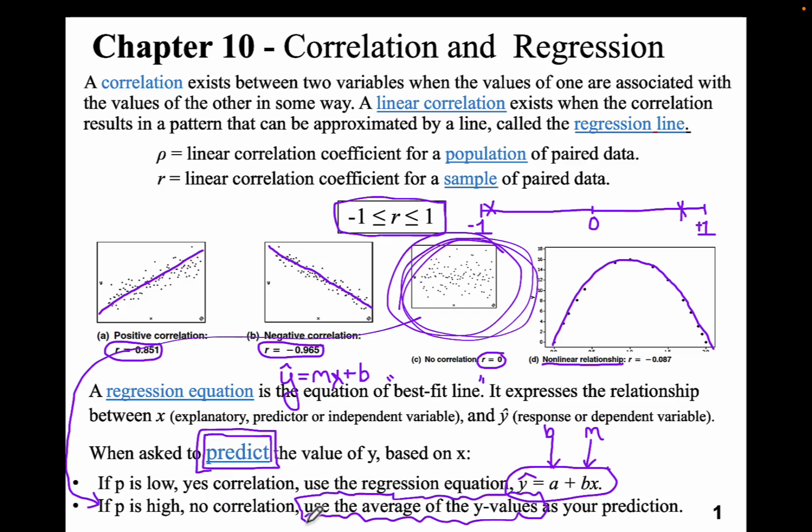As a statistician, if you're ever asked to predict, then you have two things to choose from to make your prediction. Either plug x into the equation, whatever it outputs, or the average of the y values. Use the equation if there's a correlation between the two variables. Use the average if there's not.